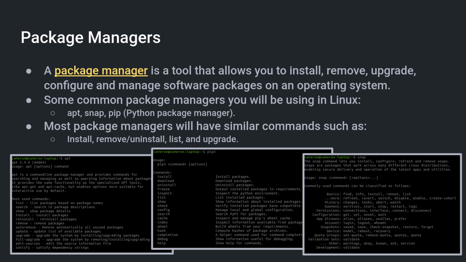You can see in the images from left to right, I type in apt and it shows some command options for apt. Then I type in pip3 for Python version 3 pip, and you see the same types of commands. Also you see snap, which is also a package manager, which has similar commands as well.